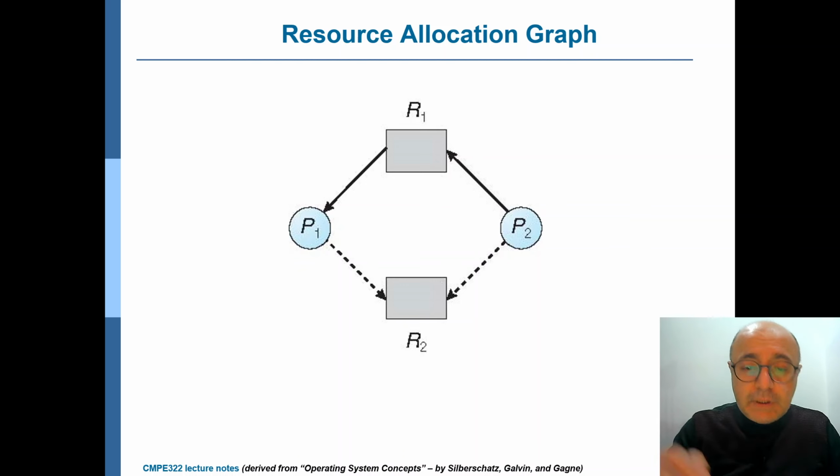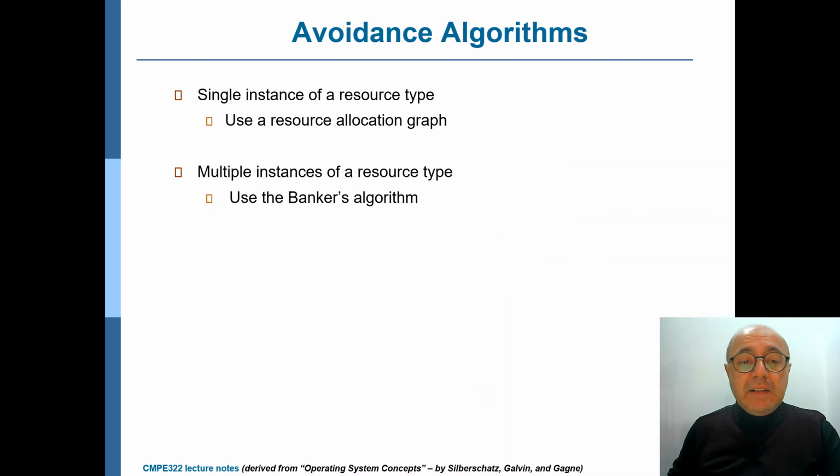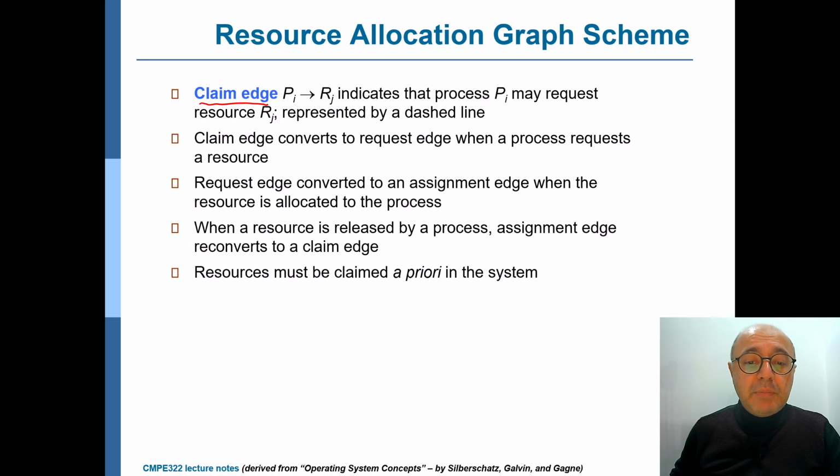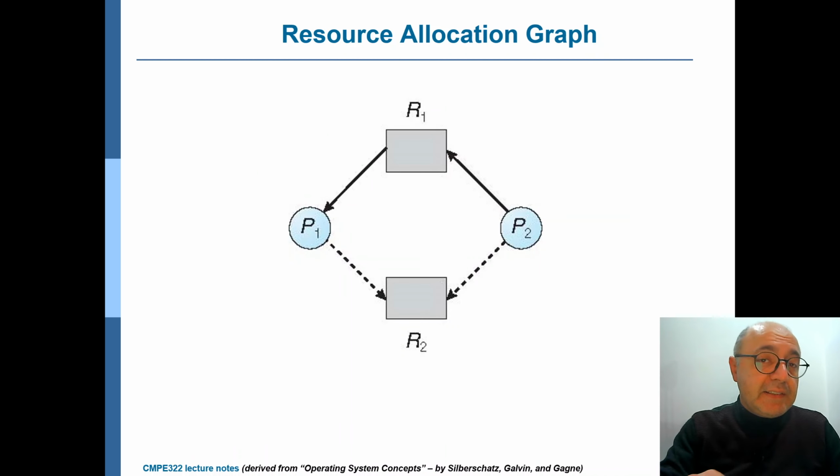For example, if you look at this figure, at the moment, process P1 has been assigned resource R1. Remember, if we're using the resource allocation graph, we mean a single instance of a resource type. That's why we didn't even show the instances, because there is one in each box.